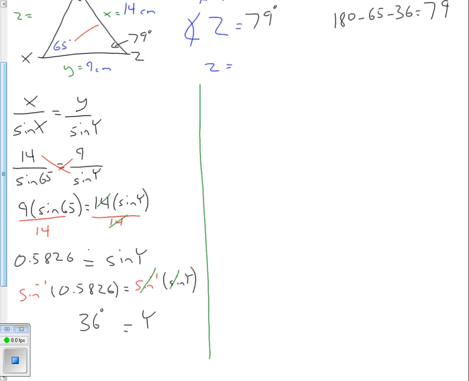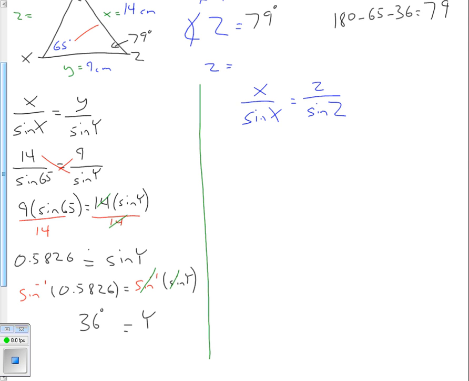So I've got x over sine x is equal to z over sine z. Okay, because all three ratios are equal to each other in the sine law, I can write it this way.